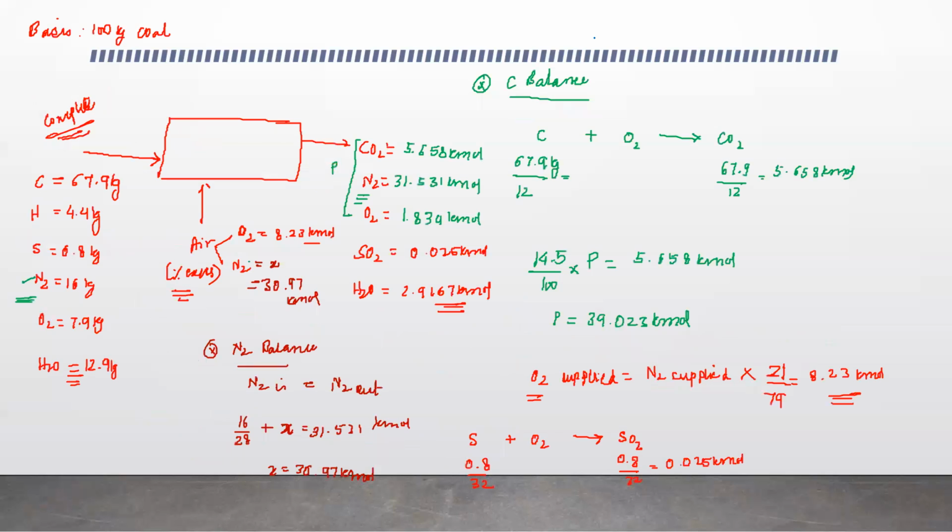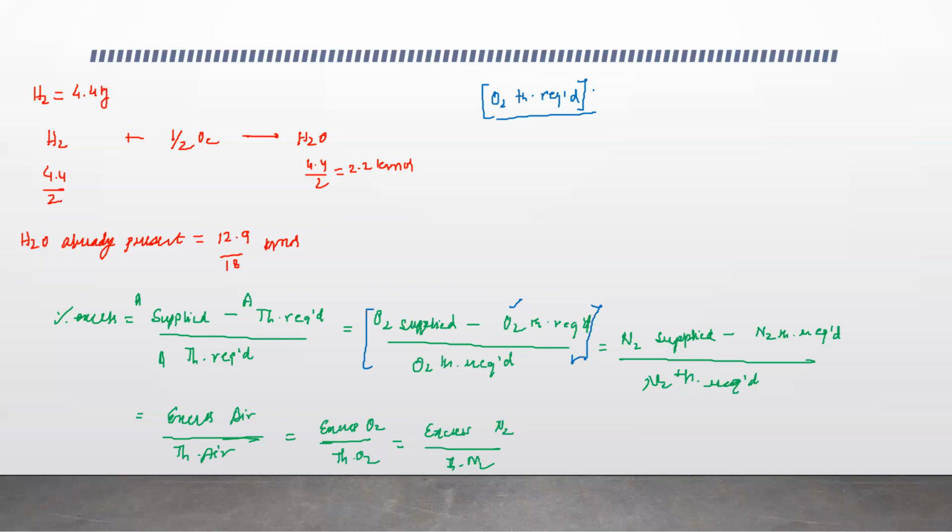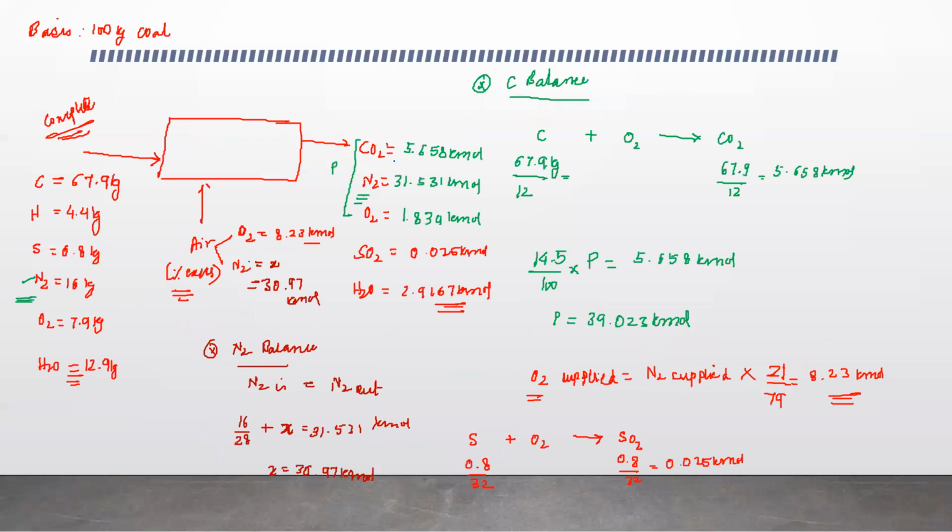Now remember, this oxygen theoretically required is the oxygen theoretically required from air. This you need to keep in mind. This is the theoretical amount of oxygen that is required from air. How much oxygen do you demand from air? Theoretically, how much do you need from air? Why have I said this?